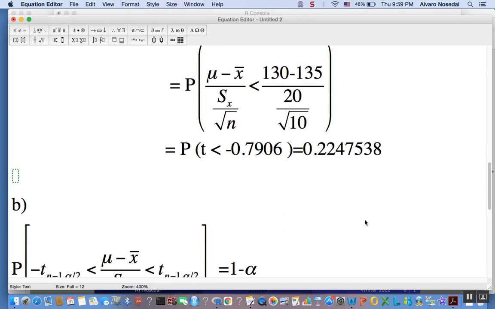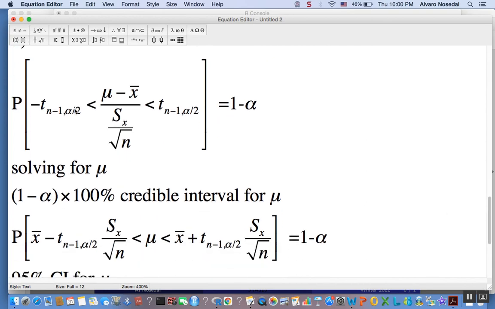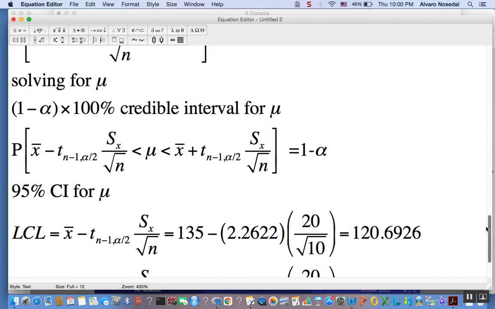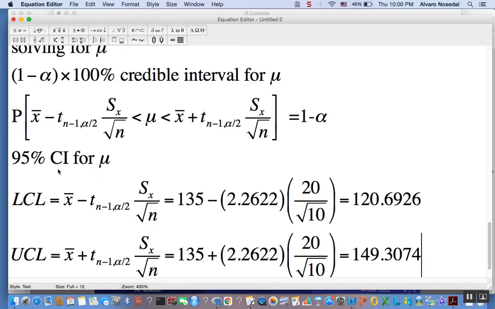Using those we were able to find the posterior probability that we wanted and the critical values to construct a 95% central credible interval for our parameter of interest mu.